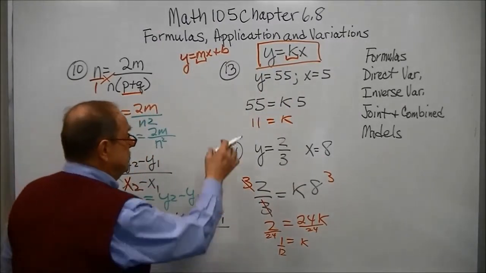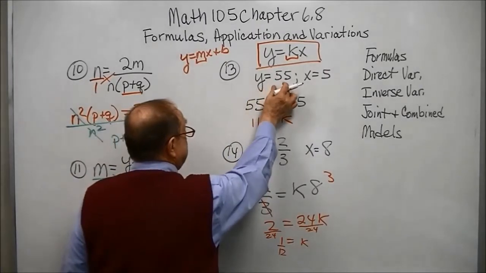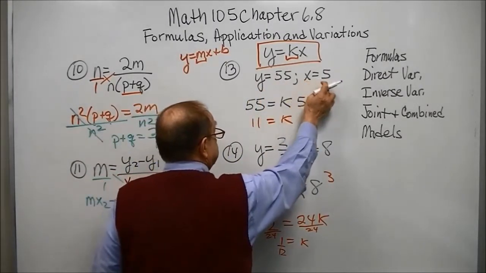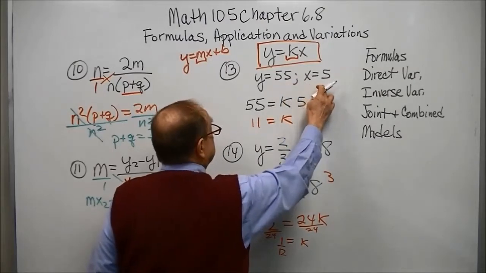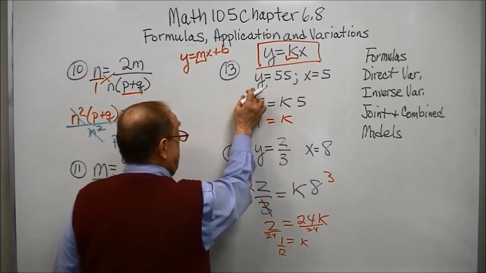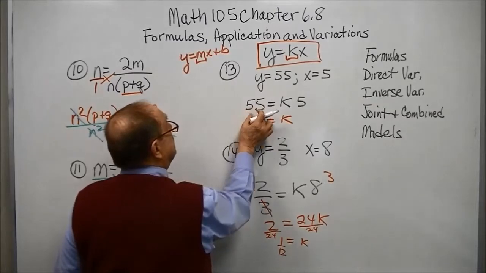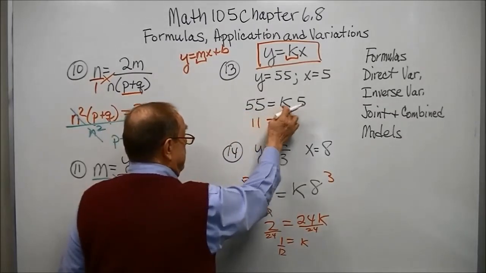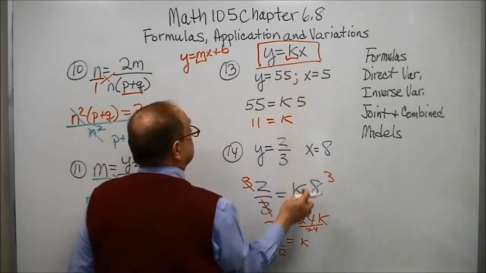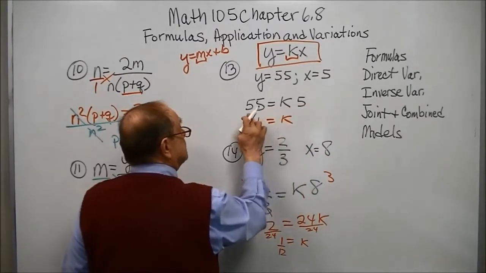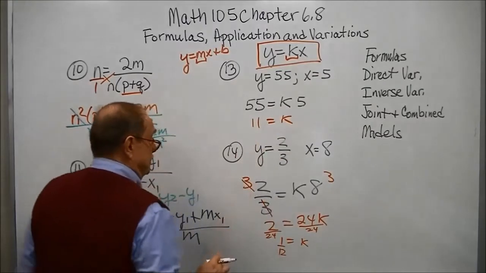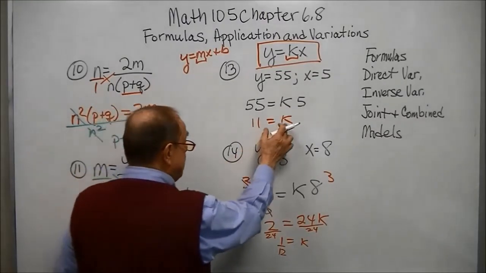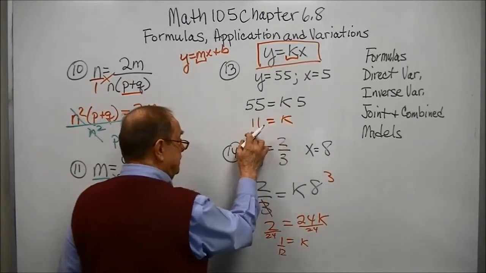So they give you this. They say y is 55 and x is 5. Find the constant of variation. So you set it up. y is 55. You keep the k, and you put in the 5 for the x. You divide both sides by 5, and you get k is 11. So your constant of variation is 11.